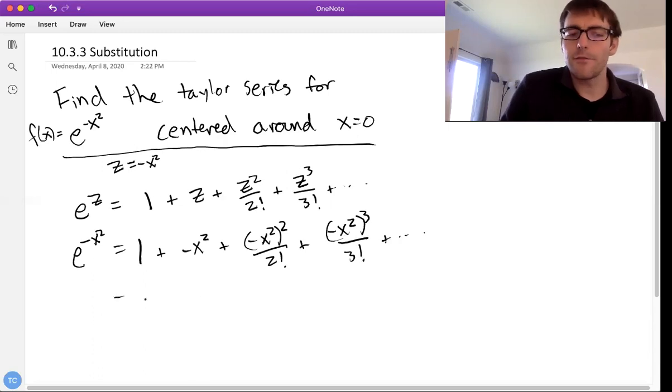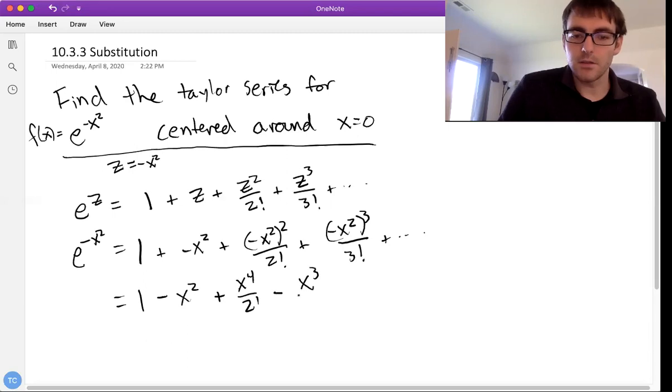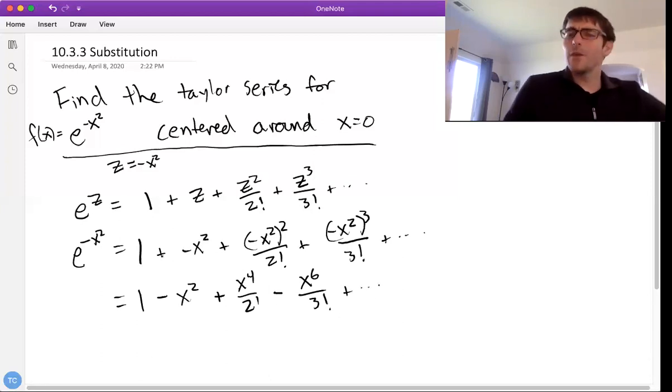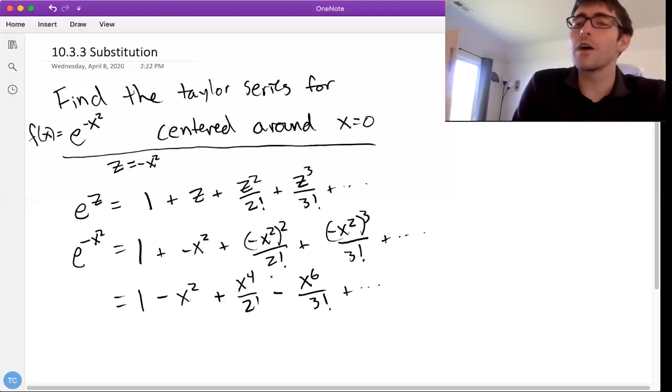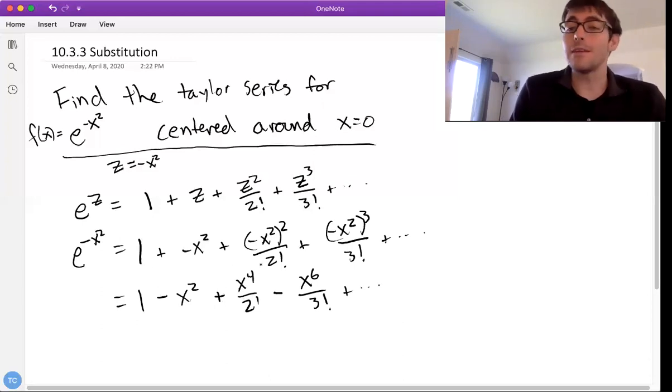All right, and I just want to point out that a little bit of this simplifies. So 1 minus x squared plus x to the 4th over 2 factorial minus x to the 6th over 3 factorial, etc. You might notice a structure of this, the fact that this is alternating and has only even powers.